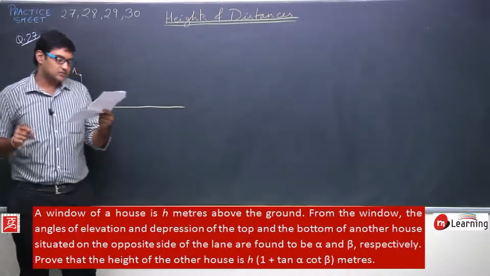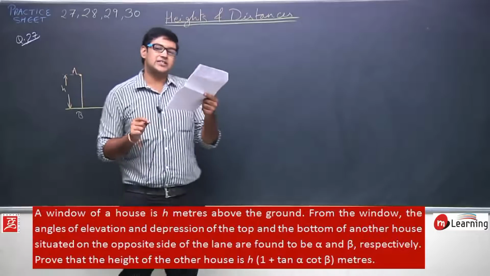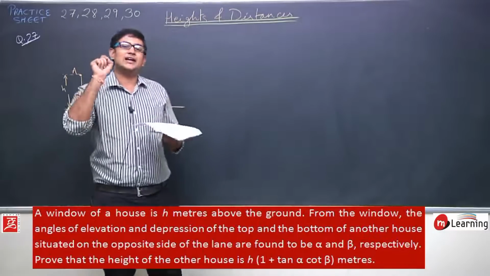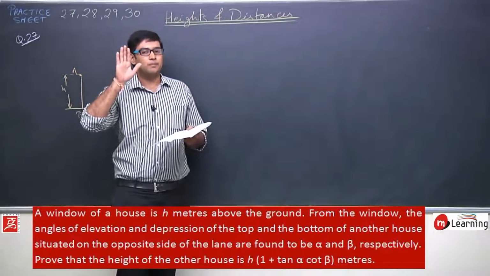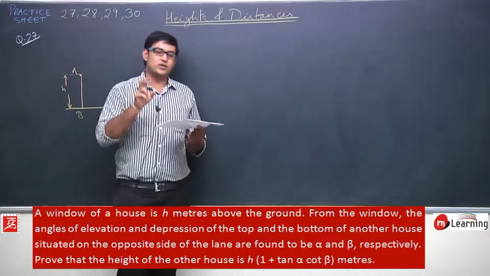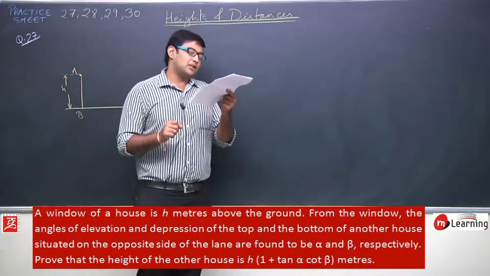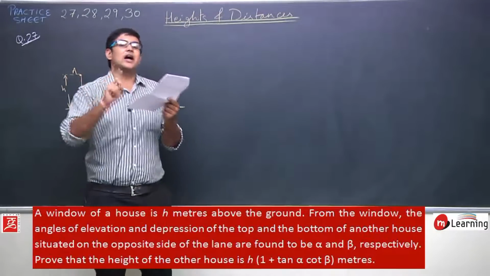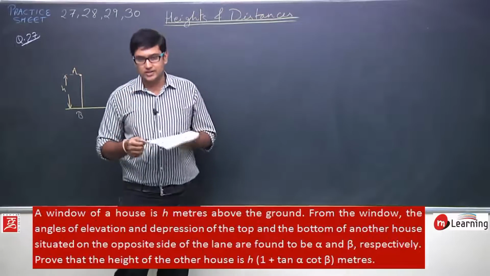Now it says from this window the angles of elevation and depression. Angle of elevation means I need to move my head up, and angle of depression means I need to move my head down. So there are two angles, of the top and the bottom of another house which is situated on the opposite side of this house.